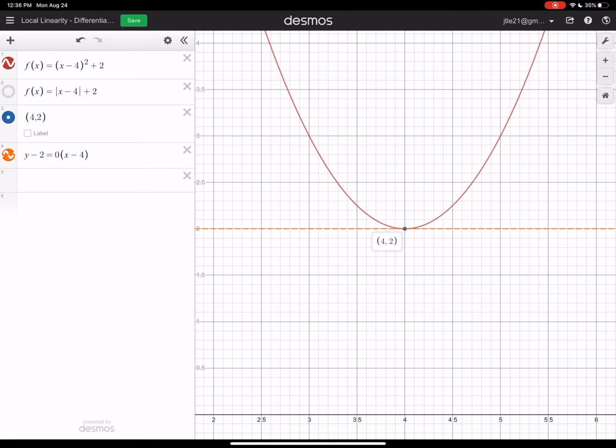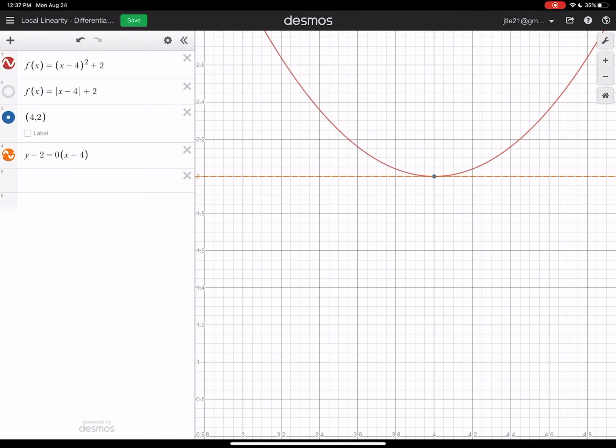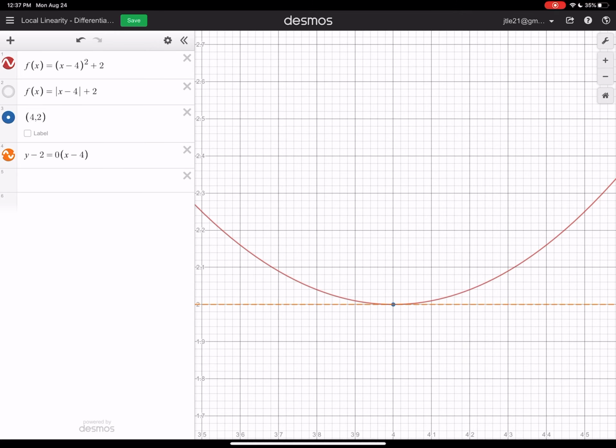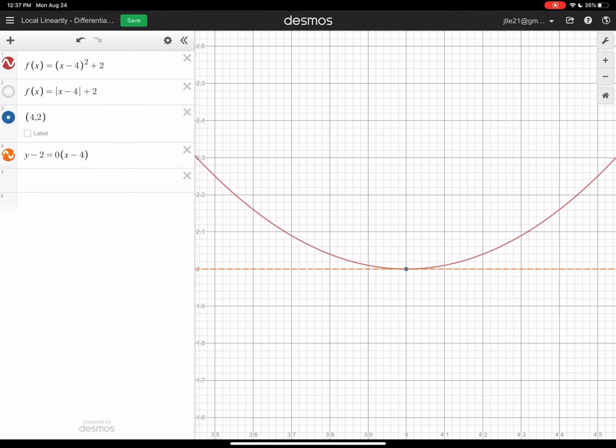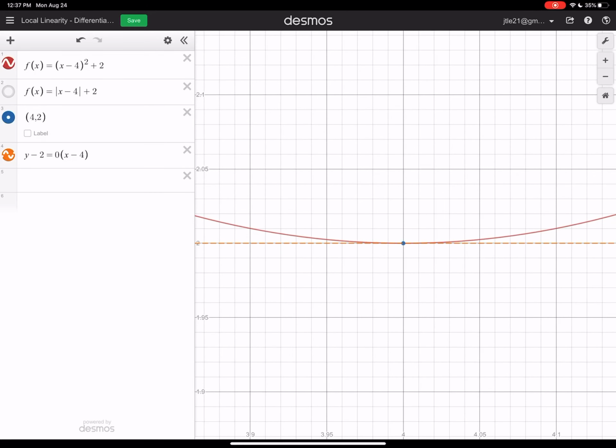If I start to zoom in at that point, can you guys tell which one's the curve and which one's the tangent line? Your answer should be yes. It's obviously by color, but you could tell one's curving and one's linear, right? Now, what about now? Still, you could see the difference between the two.